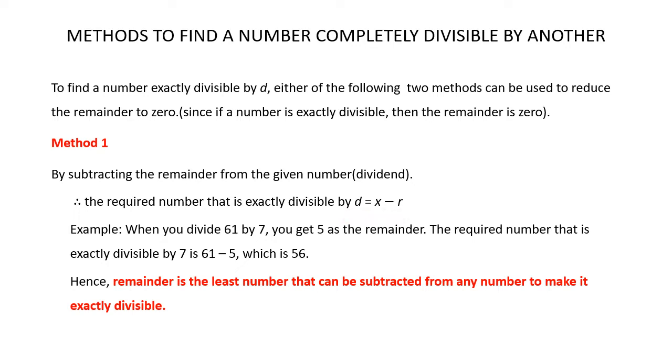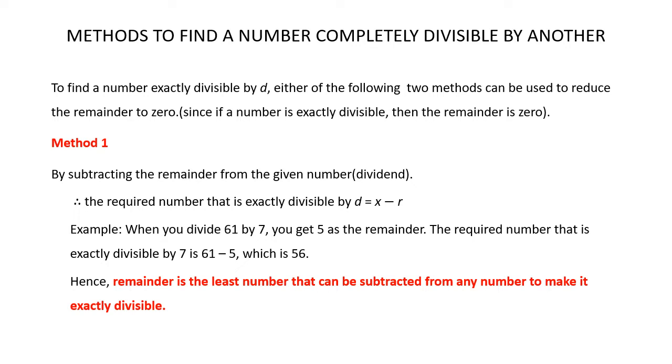The first method says that if you want to find a number that is exactly divisible by d, you have to subtract the remainder from the given number, that is, from the dividend.